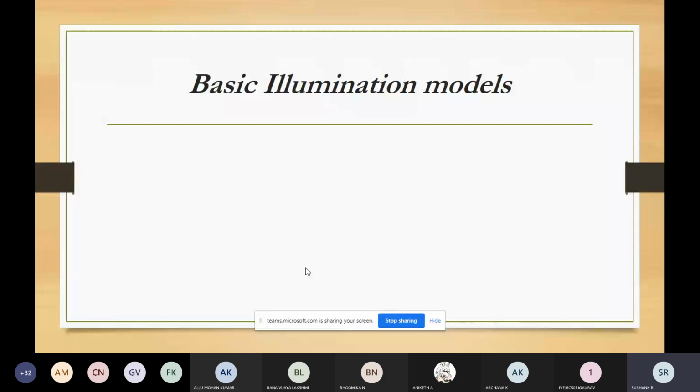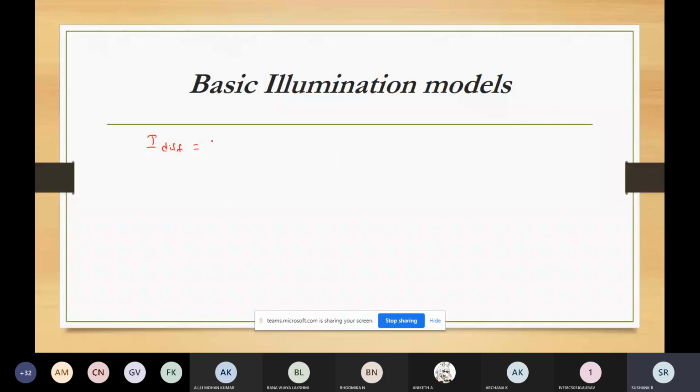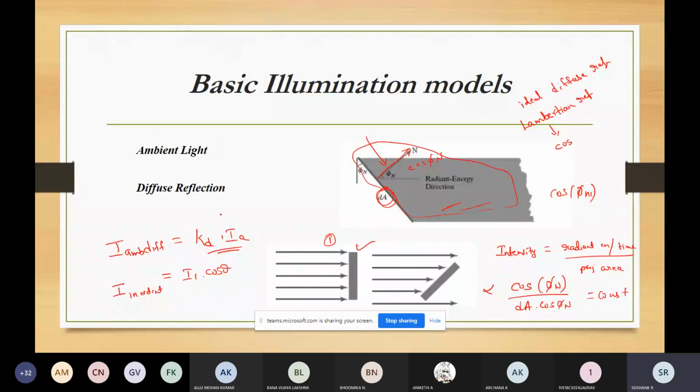From this you can model the diffuse reflection from the light source using the formula I diffuse is equal to, we have studied one formula, right, KD into Ia. Here, instead of Ia, we should use the incident light which we have calculated, I incident.